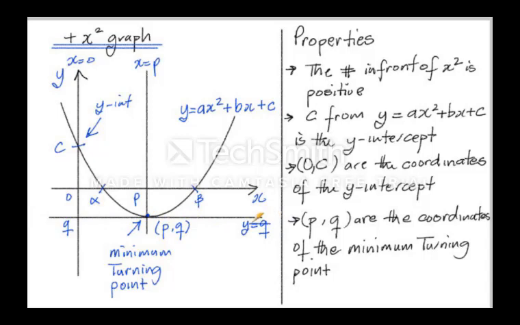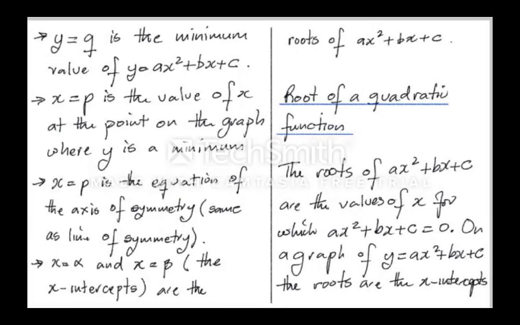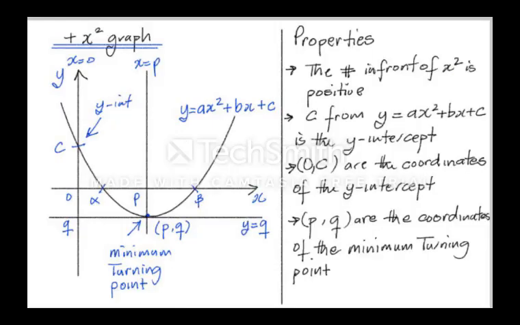So the lowest value of y on this graph is y is equal to q. So y is equal to q is the minimum value of y. X is equal to p is the value of x at the point on the graph where y is a minimum. So this is the point on the graph where y is a minimum, and the minimum value of y is equal to q.